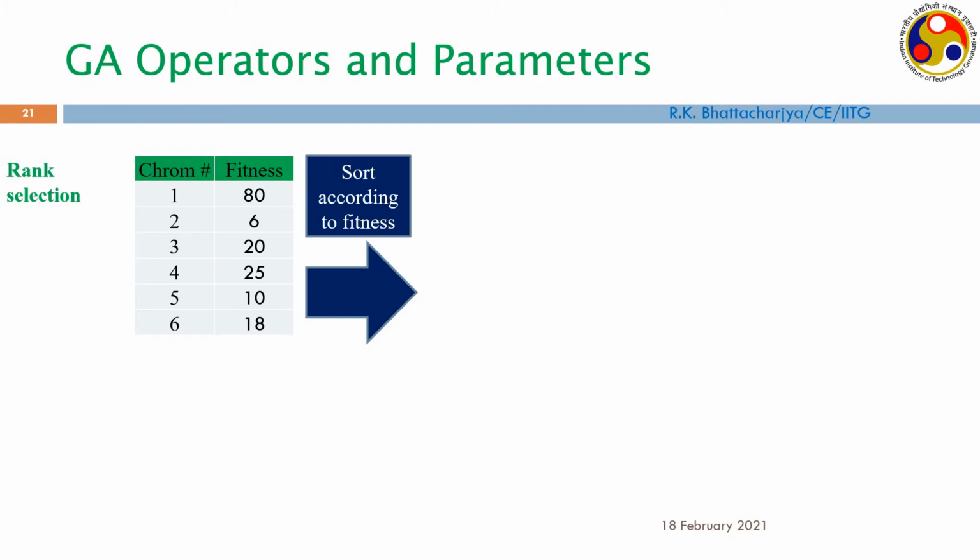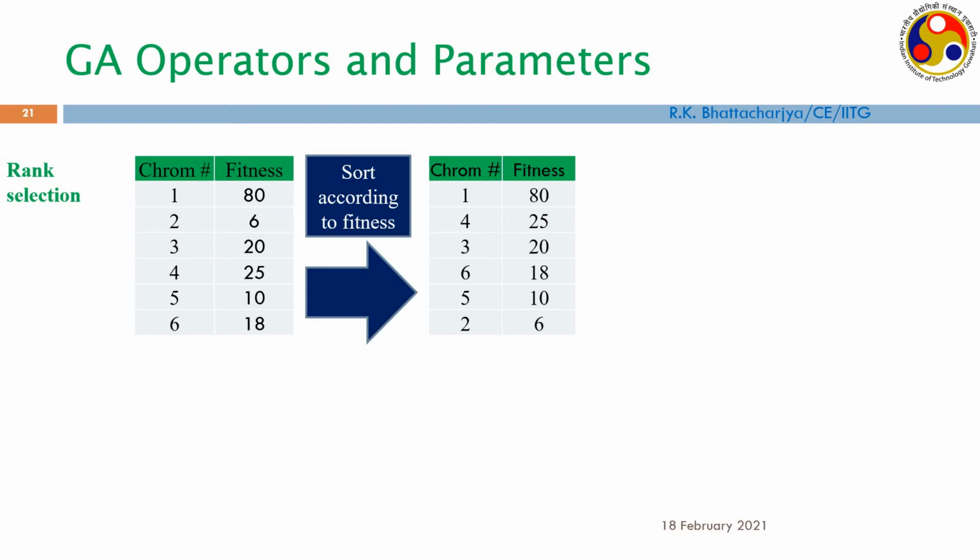Our idea is to avoid the selection of only a particular solution, because if a particular solution has a very high fitness value, I would like to avoid that. So how to avoid it? As I said, I can use rank selection.